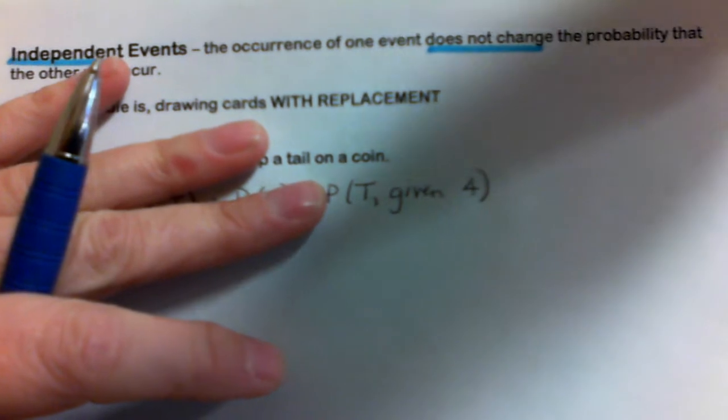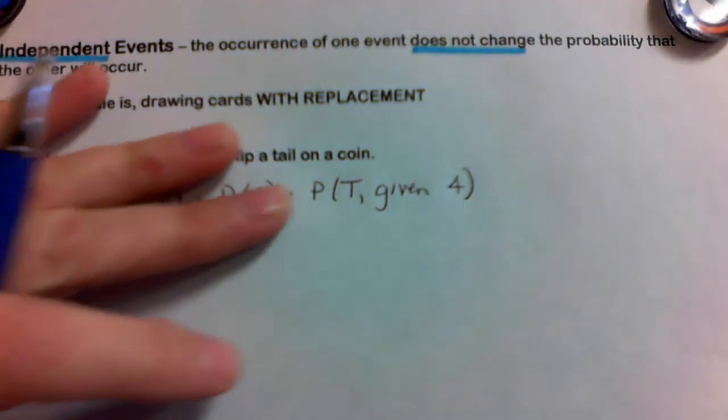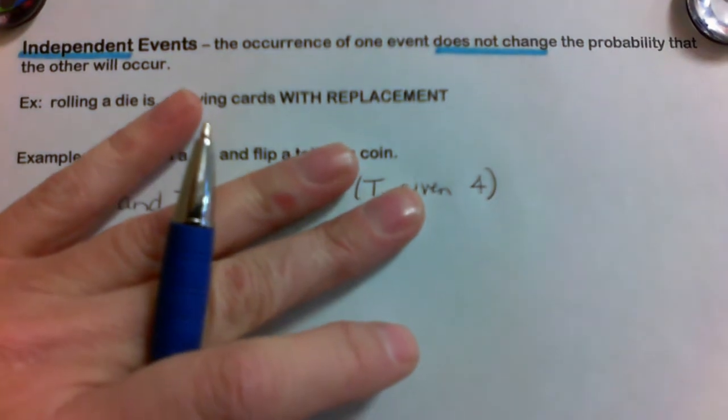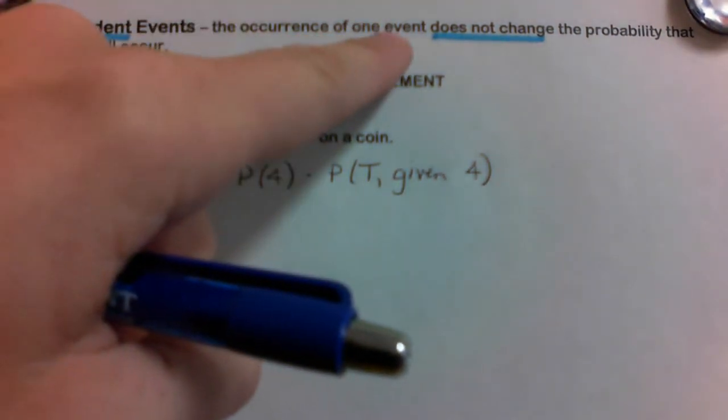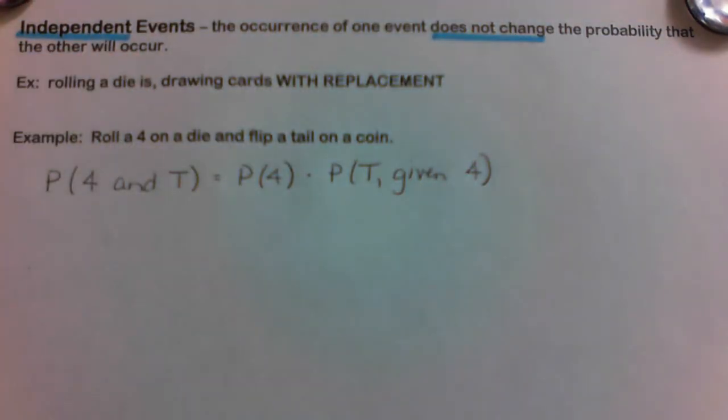Now, that leads us then into the discussion of what we called independent events or dependent events. Now, independent events is when the occurrence of one event does not change the probability that the next event will occur. So, here is an example where we will roll a die. Well, I'm sorry.